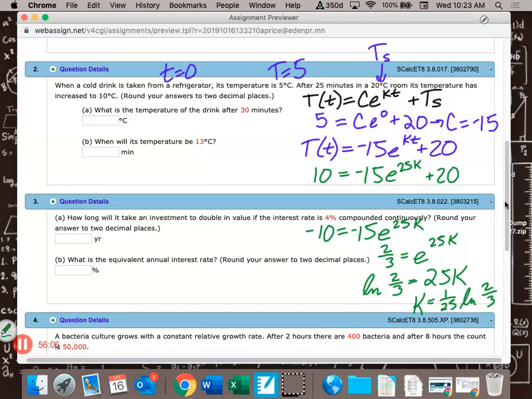So our final model that we're going to use for all of our problems is big T equals negative 15 e^((1/25 ln(2/3)) t) plus 20.